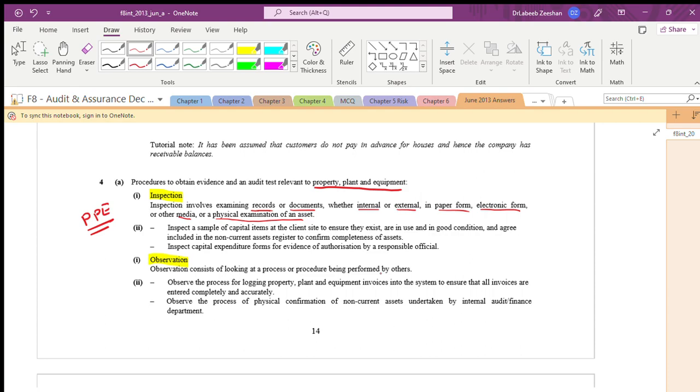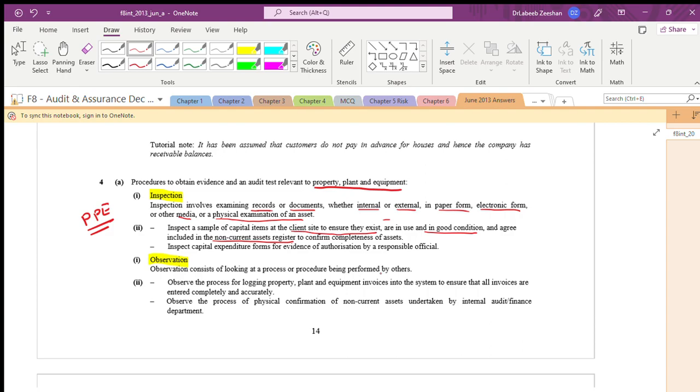Inspect a sample of capital items at the client side. To ensure that they exist, they are in good condition. It is related to property, plant and equipment. And agree with whom? We have to agree with the non-current asset register.